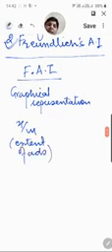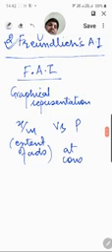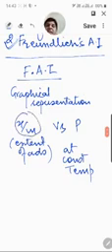This is the extent of adsorption. It is a graphical representation between the extent of adsorption, that is x over m, with respect to pressure, that is P, when at a constant temperature.